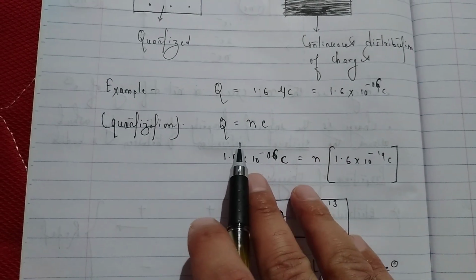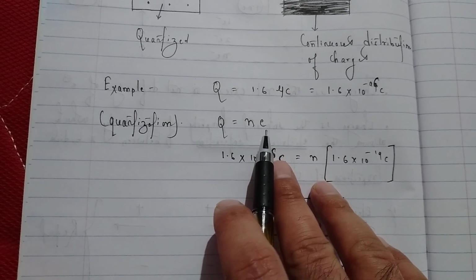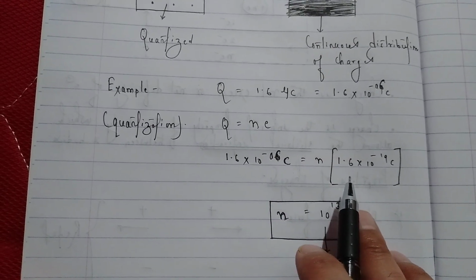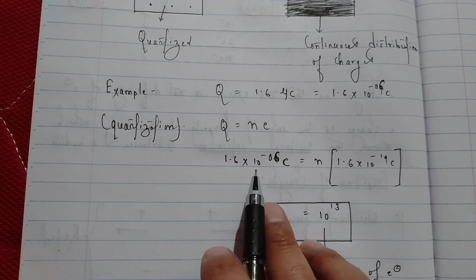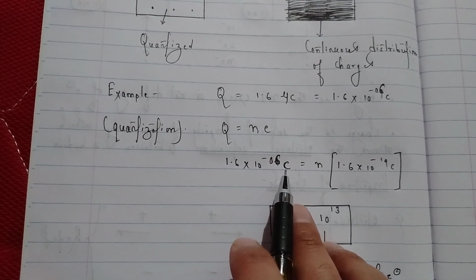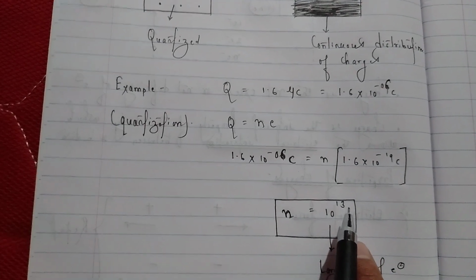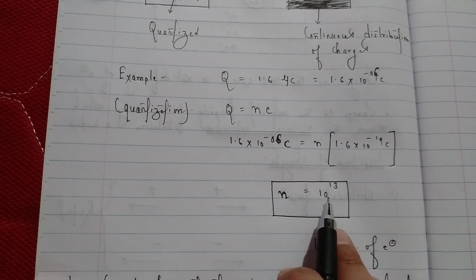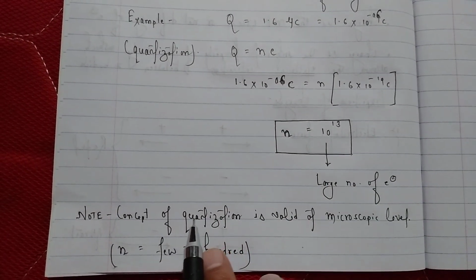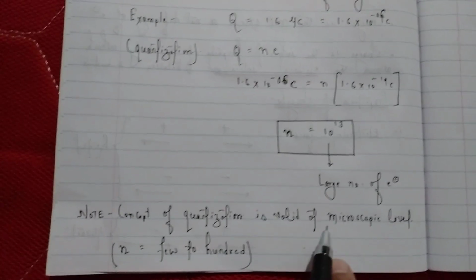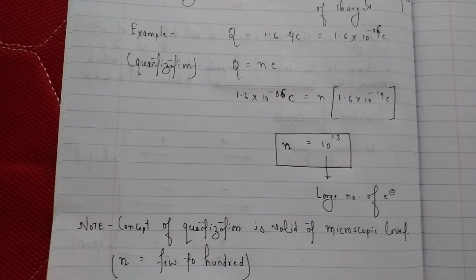From the equation of quantization, Q equals N e, where e is the basic unit of charge, the charge of an electron. You put 1.6 × 10 to the power minus 19 coulomb, and Q is given as 1.6 × 10 to the power minus 6 coulomb. So you will get N equal to 10 to the power 13, which is a huge number. So in this case, the concept of quantization is not valid. We can note here that quantization is valid at the microscopic level, where the number of electrons ranges from a few to a few hundred.